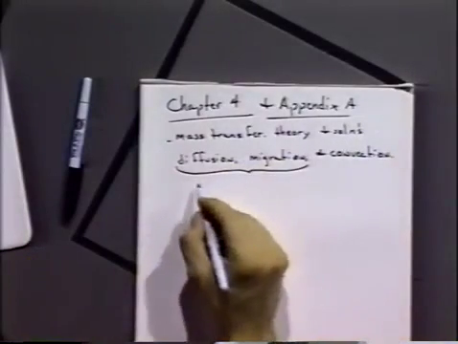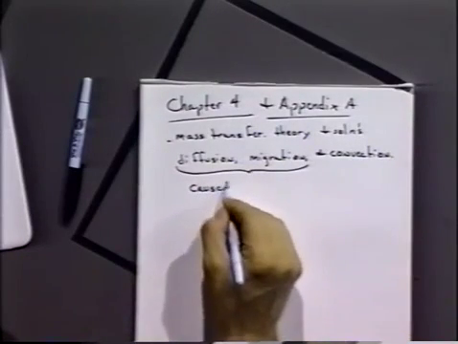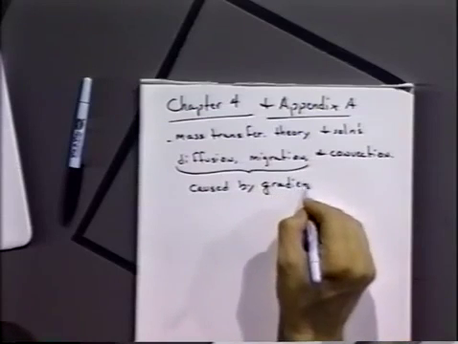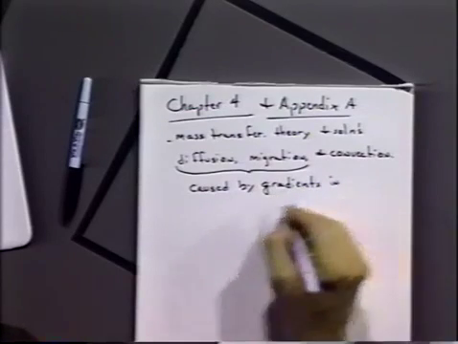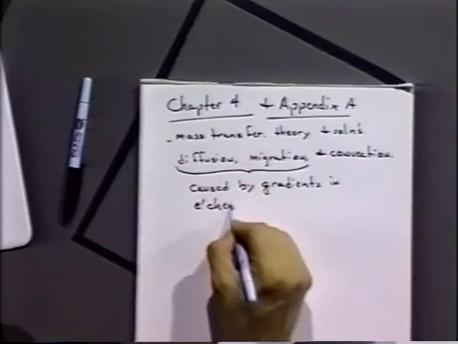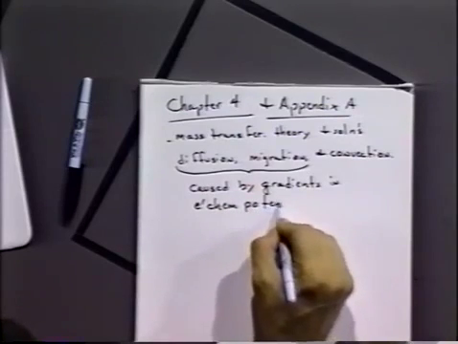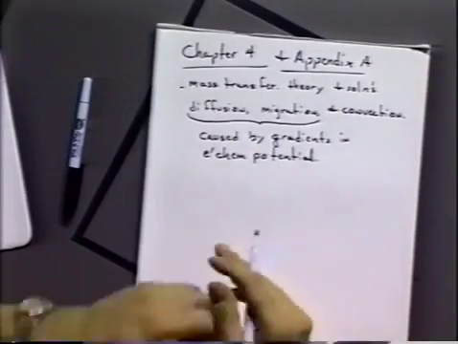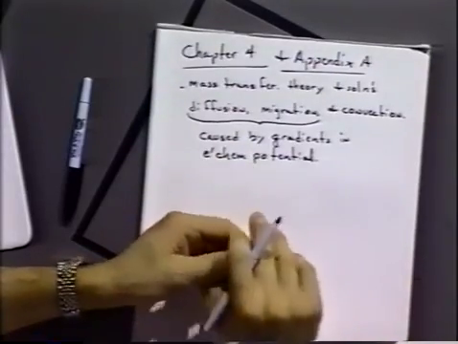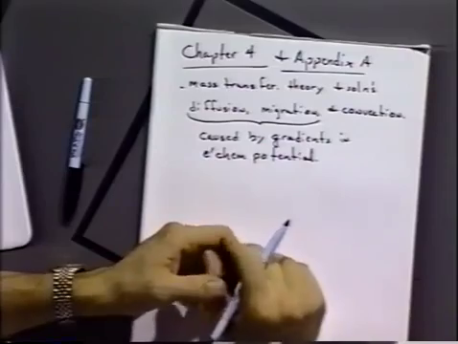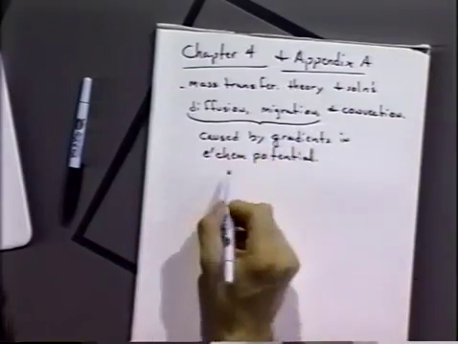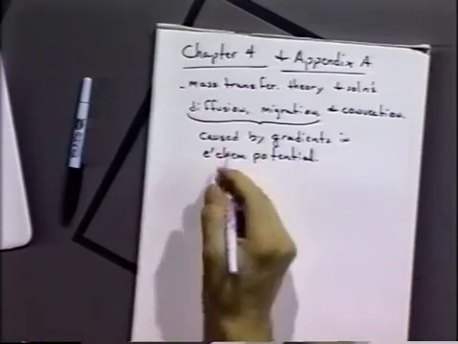These two, diffusion and migration, can be considered to be caused by gradients in the electrochemical potential. So whenever we do have these sorts of gradients, we'd expect a movement of ions in response to equalize that gradient in order to reach equilibrium. So let's think about electrochemical potential again.